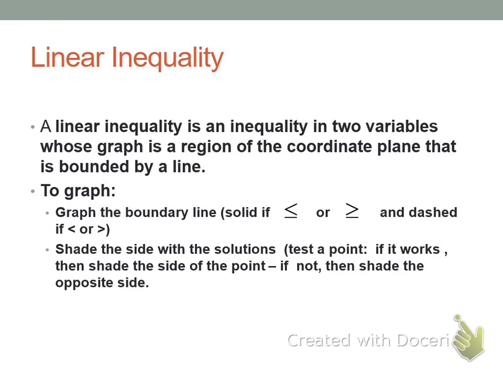That line will be solid if we're using a less than or equal to or greater than or equal to symbol. Or the line will be dashed if we have just a plain less than or plain greater than symbol. So if it has the equal to bar, it's a solid line. If it does not have the equal to bar, it's a dashed line.